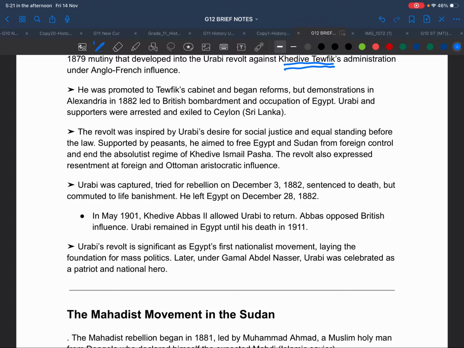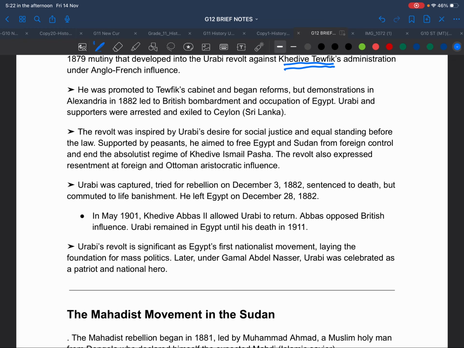But demonstrations in Alexandria in 1882 led to British bombardment and occupation of Egypt. Urabi and his supporters were arrested and exiled to Ceylon, Sri Lanka.